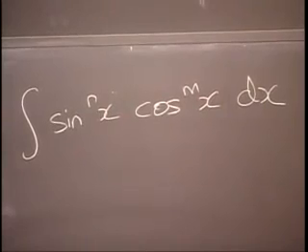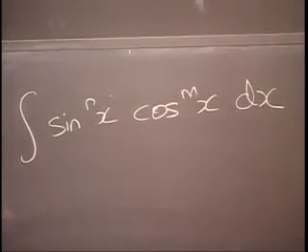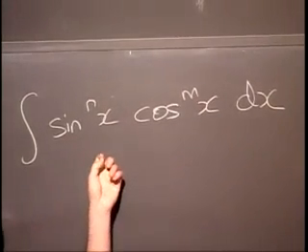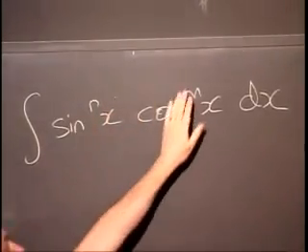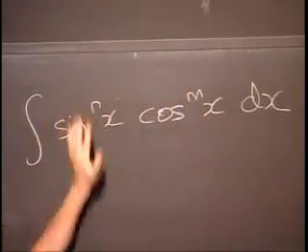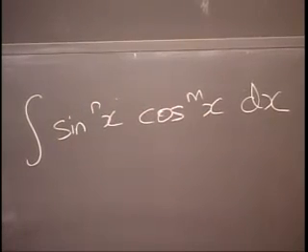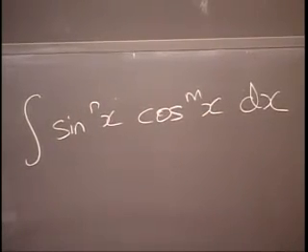This also includes powers of sine, if m happens to be 0, so positive integers or 0. It also includes powers of cosine, and combinations, some power of sine, some power of cosine.